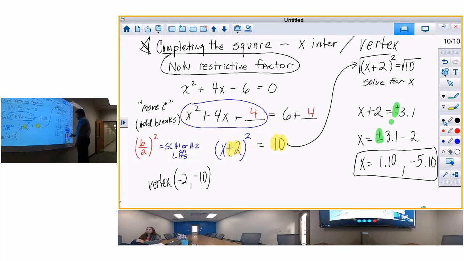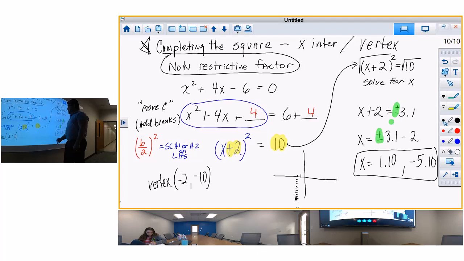Now, let's check it. Let's see if everything lines up. So I kind of draw a sketch right here. And we know it looks like a horseshoe, which is called a parabola, which we're going to go over. And my vertex is -2, -10.